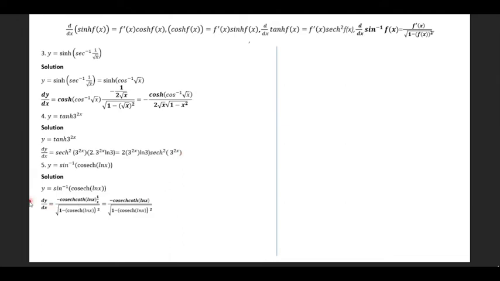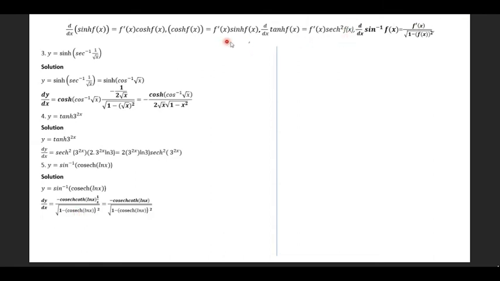Another example. If you have y is equal to arcsine, and inside you have cosecant of ln of x, then you need to go back to one of the previous lessons, where we know that for arcsine there's going to be the square root sign, and then 1 minus what you are going to square, and on top you must have the derivative of what you have squared.